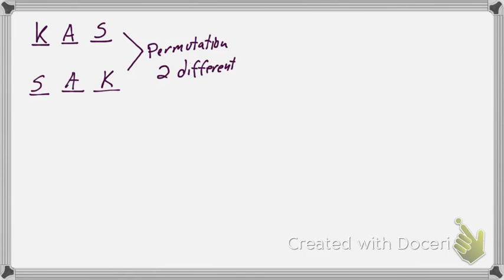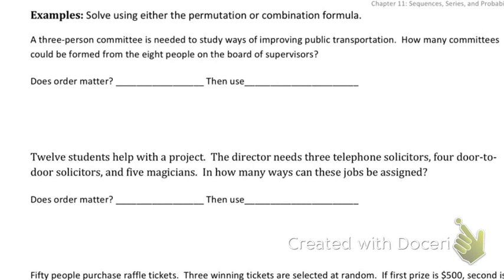All right, let's go do some examples. All right, so our first one says a 3-person committee is needed to study ways of improving public transportation. So I'm going to stop there. 3-person committee. Does it say we have a committee member, supervisor, whatever? Does it matter which order I pick my committee?